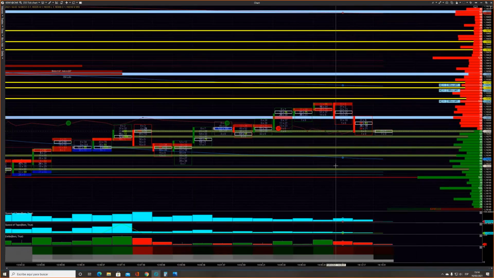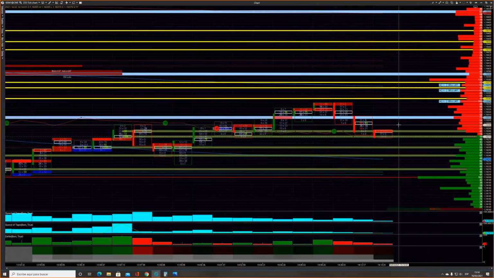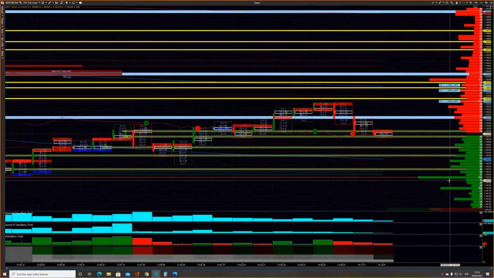You can see how it's reaching the buying balances now. It might bounce from here, from any of these areas. If it doesn't, it will maybe try to break the low of the day here, eating those 162 lots that are pending there.